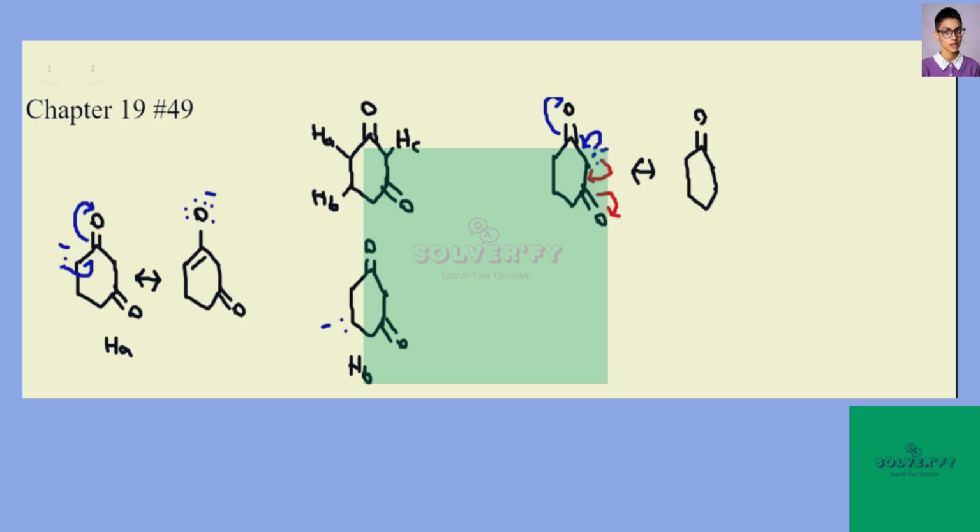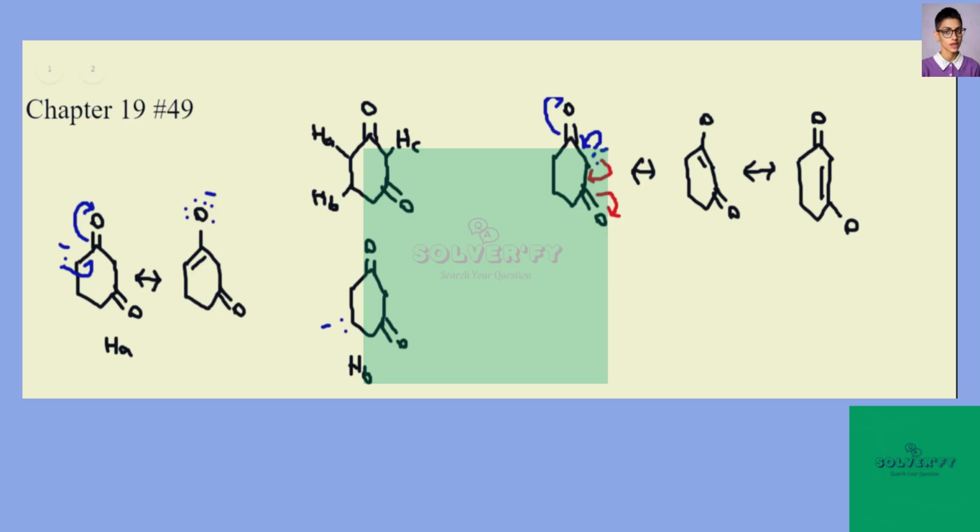So potentially this one with a double bond there, or if we were to follow the red arrows, we would get this, where the double bond is here, and this is a single bond, and this double bond is still intact.